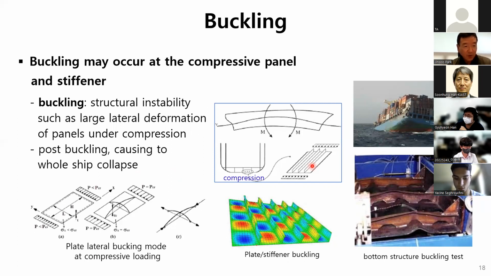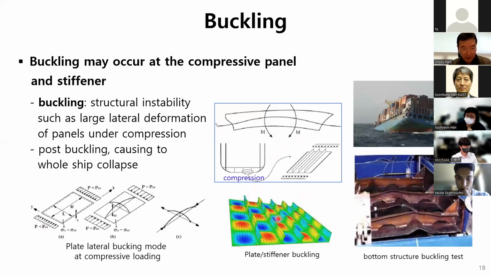For example, under hogging moment, the highest point of the wave is at the center of the ship, and the hull structure deforms center up, ends down. This mode naturally induces bottom structure compression, which may possibly cause buckling of the plate and stiffener.